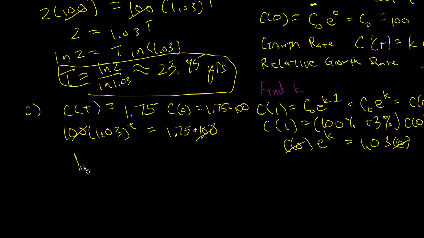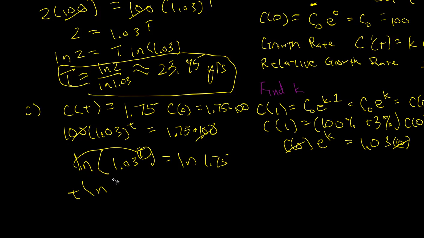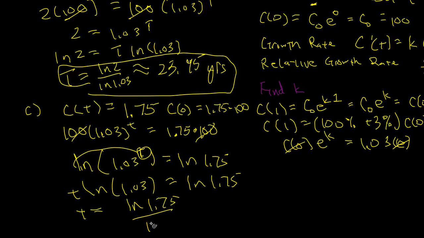Again, taking the natural log of both sides. We have natural log of 1.03 to the t power equals natural log of 1.75. The t comes out, again by property of natural logs. So now we can just divide by natural log of 1.03 to get t equals natural log 1.75 divided by the natural log of 1.03.